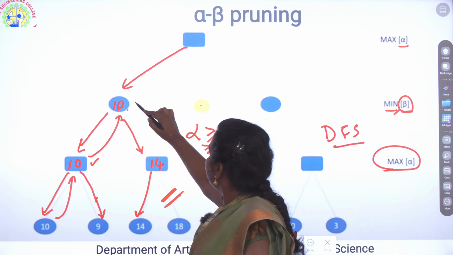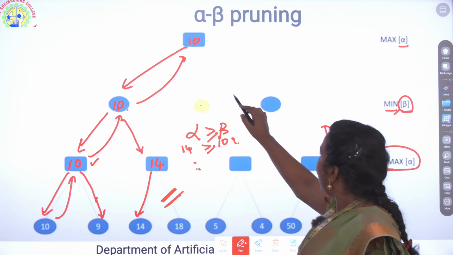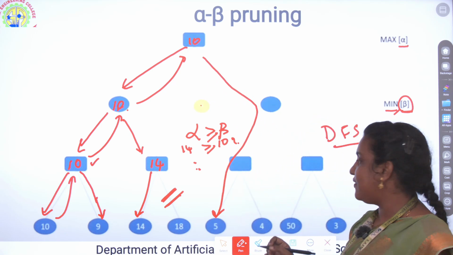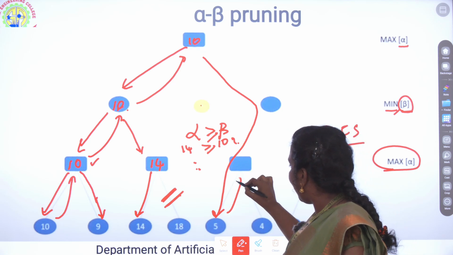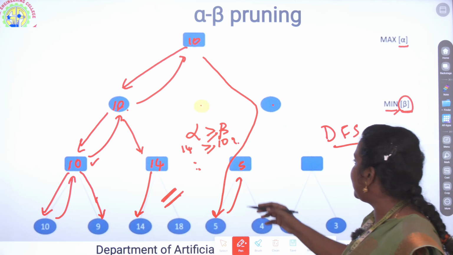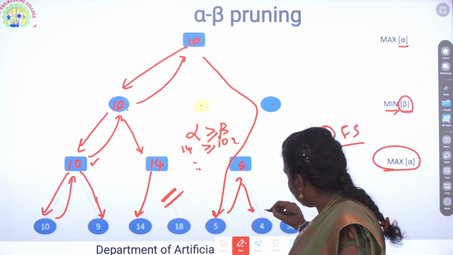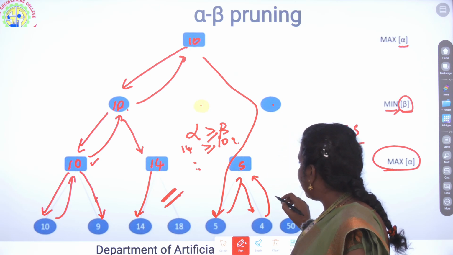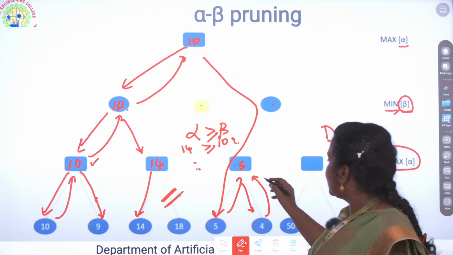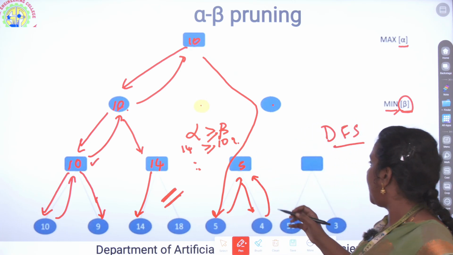This 10 will be backed up to the root node, then again it will traverse till a leaf node. So 5 will be backed up. Here it compares with the value, but it doesn't have any value here, so it goes and compares at the next level. Here 5 is the maximum, so the value 5 will be kept in alpha.